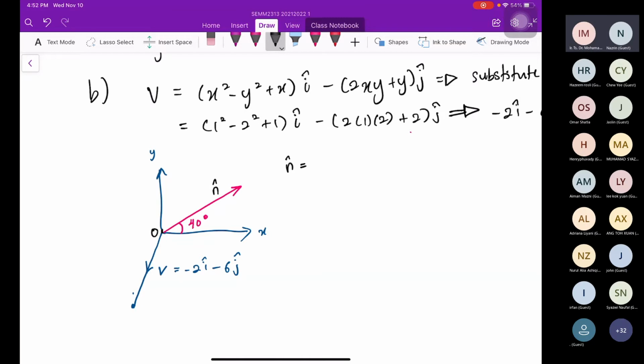Okay, because we got the vector and then we need to divide with the magnitude of that vector because unit vector has the magnitude of what? What is the value of magnitude of unit vector? 1. Unit vector, the magnitude is 1. So, very simple, cos 40 I plus sin 40 J. Okay.